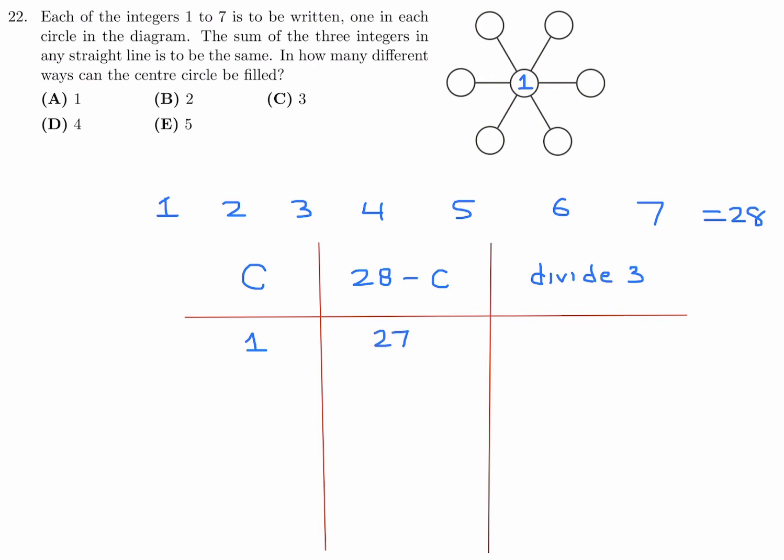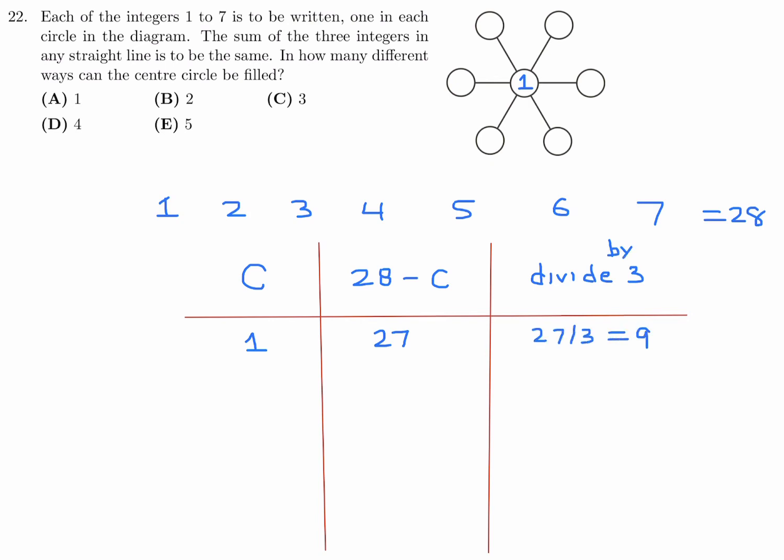And that means that I'm going to have 3 sums. And that's why I've got to divide this number by 3 to figure out each of those sums. And that's why I wrote this. So divide by 3, and I get 27 divided by 3, and that is 9.